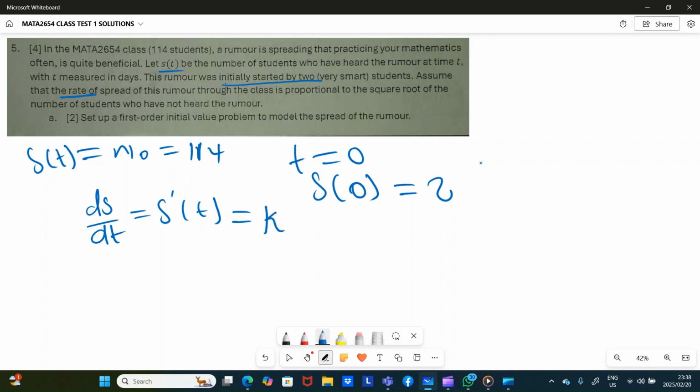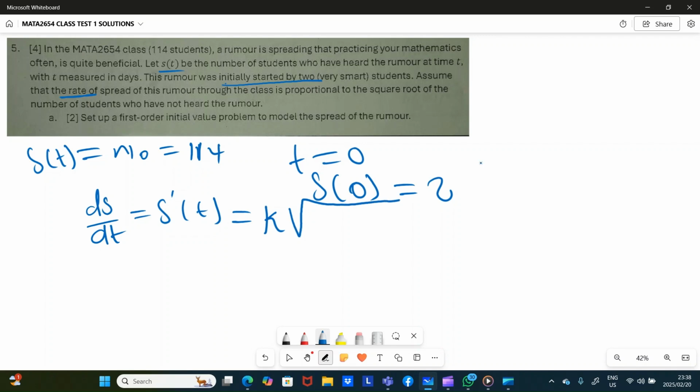So I already say this is equal to k. I don't know what they're going to say when they move further. They say it's proportional to the square root of the number of students who have not had the rumor.